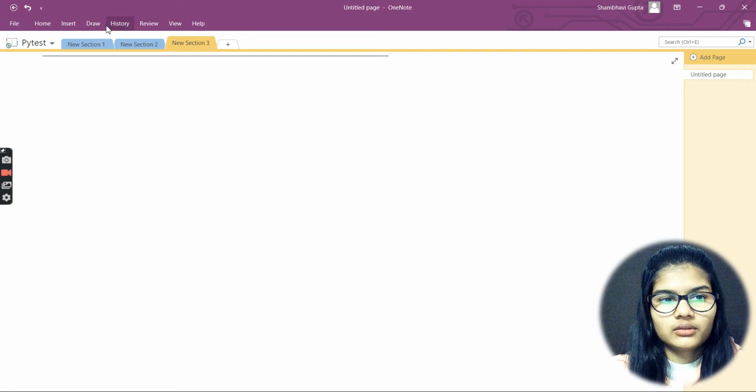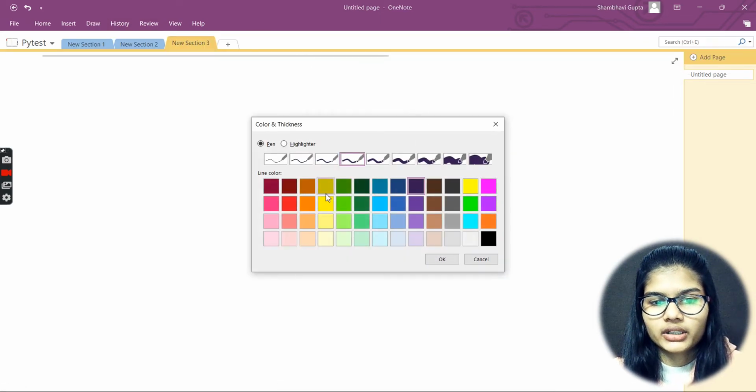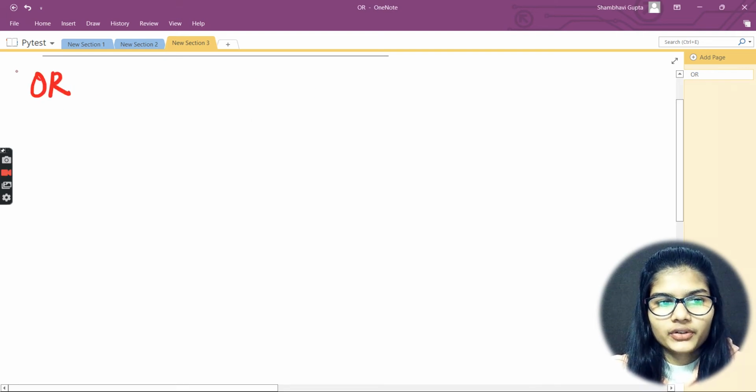Let me quickly take a new color here so that we can proceed with the writing. Let me start here with the OR event. My very first event is the OR event. Now, what is an OR event?